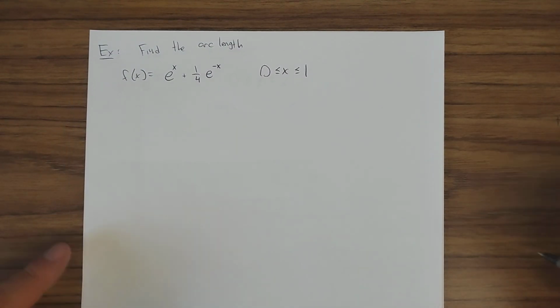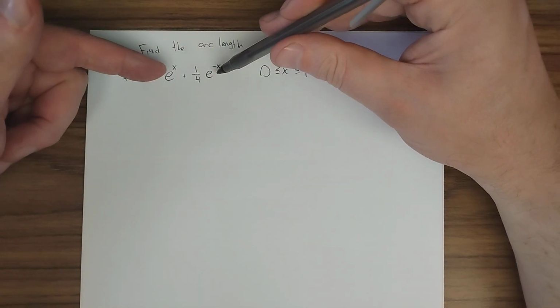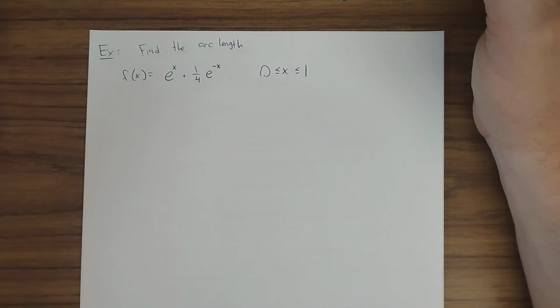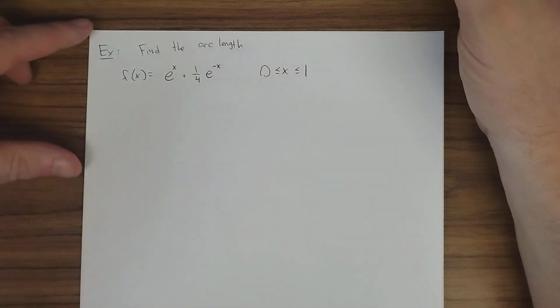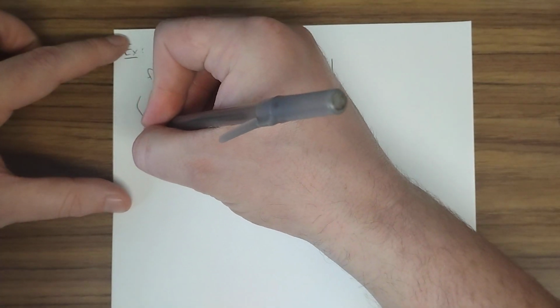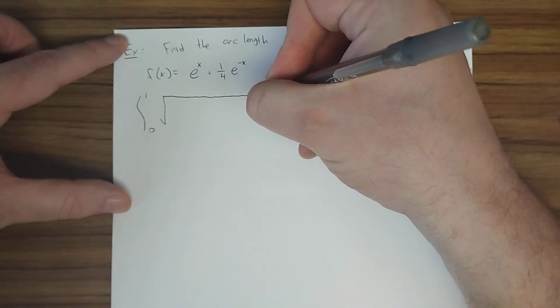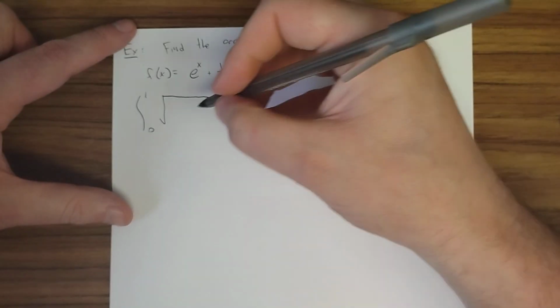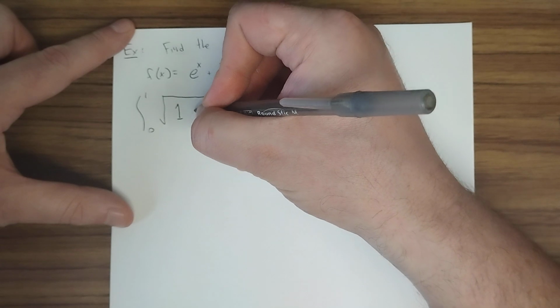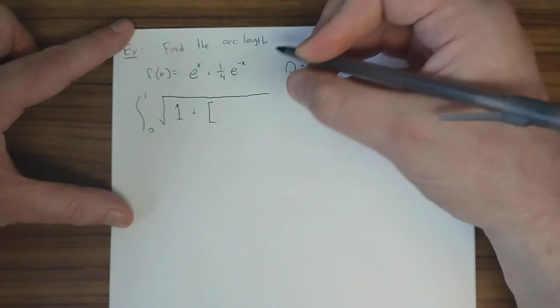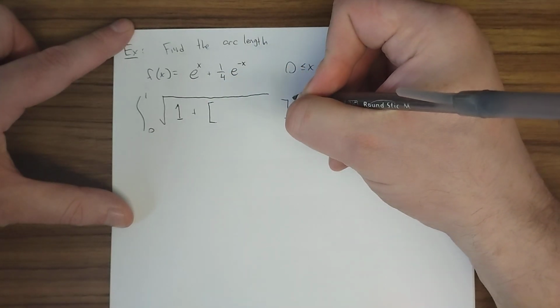Let's do another one. So I've got this function, integral from 0 to 1. So here we go. I'm doing this formula, so it's 1 plus the derivative squared.